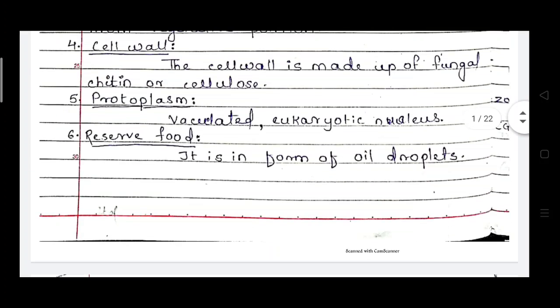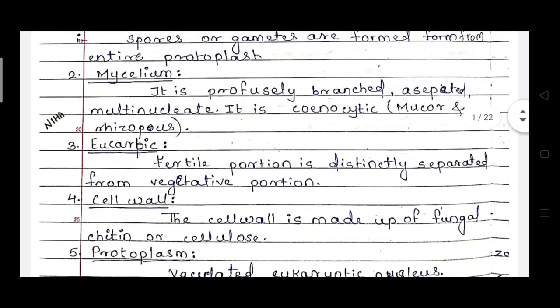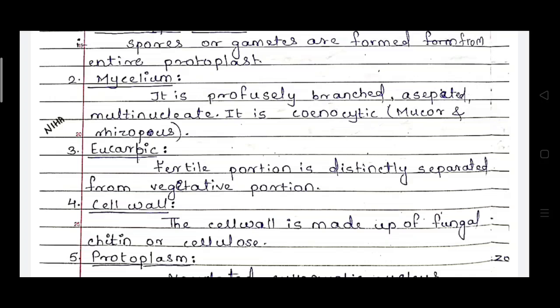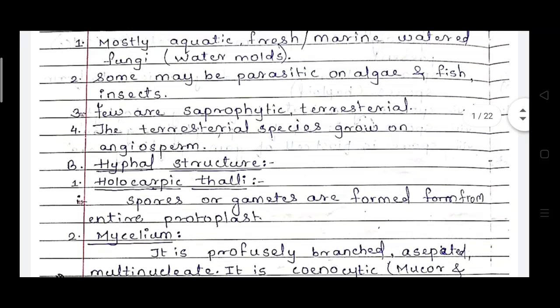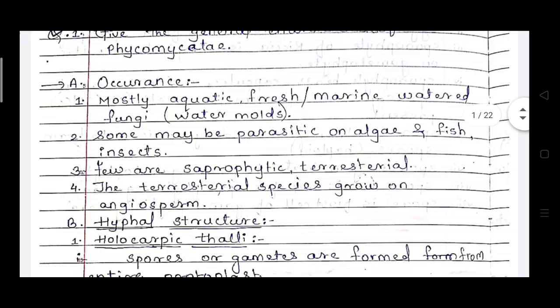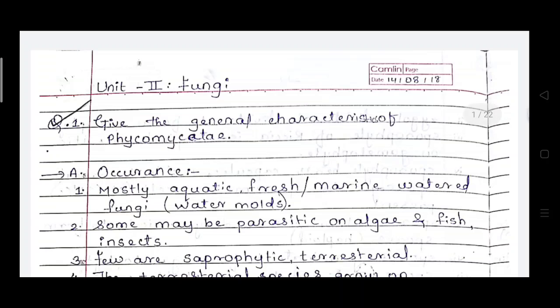There are also questions on different terms in the hyphal structure and some parts of the occurrence, such as what is otermoles, or what is a saprophytic fungus. In this way, different MCQs will be asked on the general characters of the Phycomycetae.